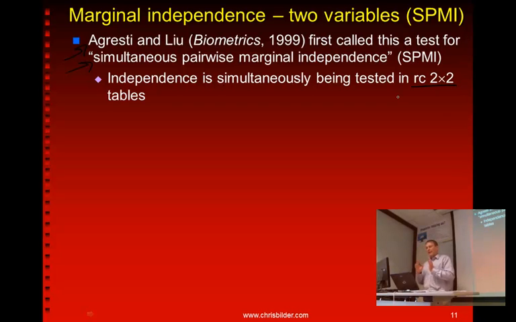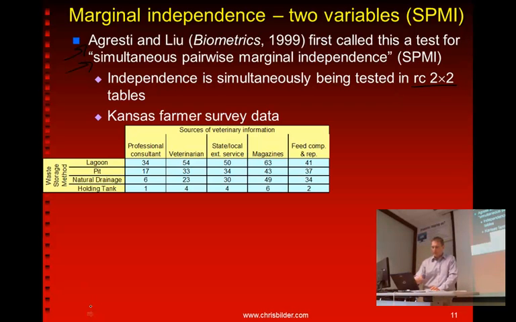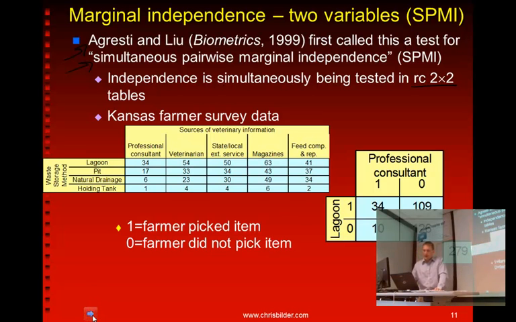The reason they call it SPMI is because independence is basically being tested simultaneously in RC 2x2 tables. To help explain that, here's my marginal table once again. What we can do is focus on professional consultant and Lagoon.